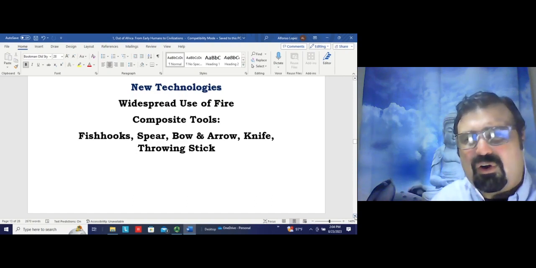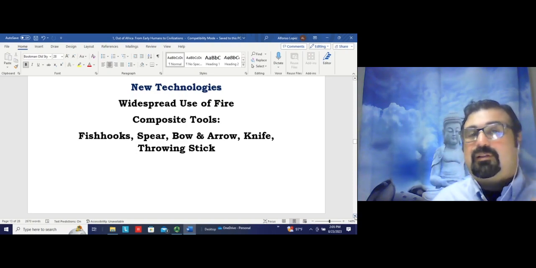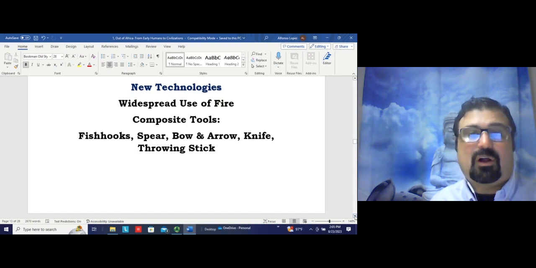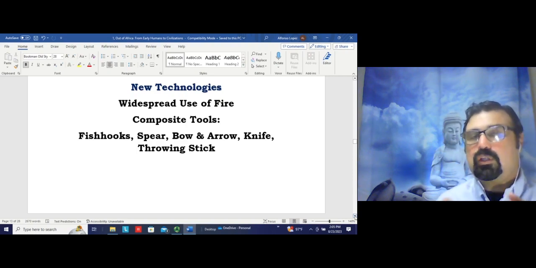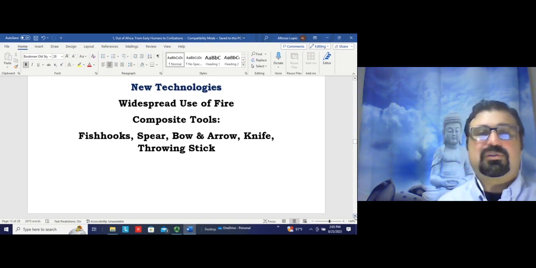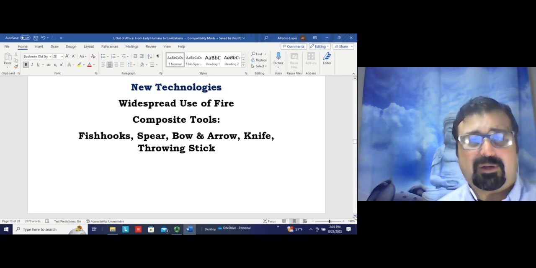Right now, there are no actual groupings that we can identify at this time that we can actually call artisans, but there are some people that are very crafty. They spend time thinking, and we're going to see, for example, the use of fire becoming more and more sophisticated and more widespread.